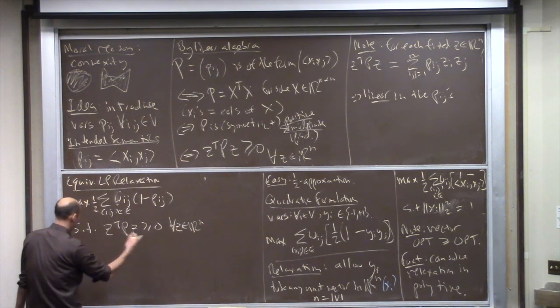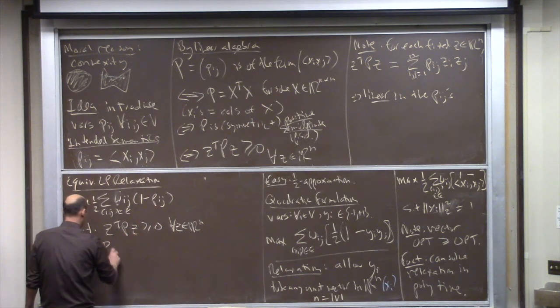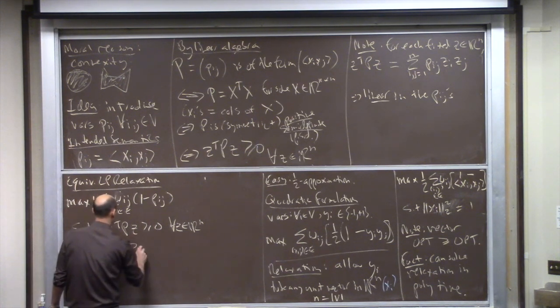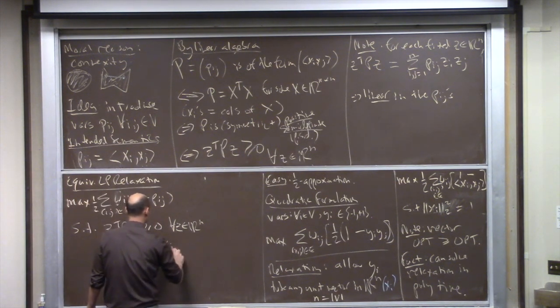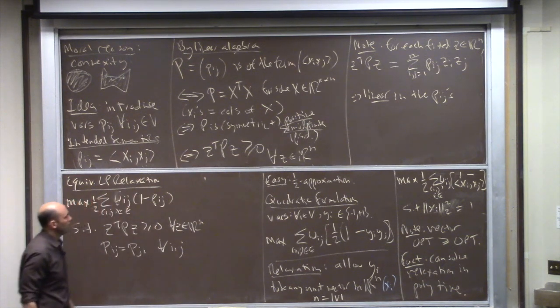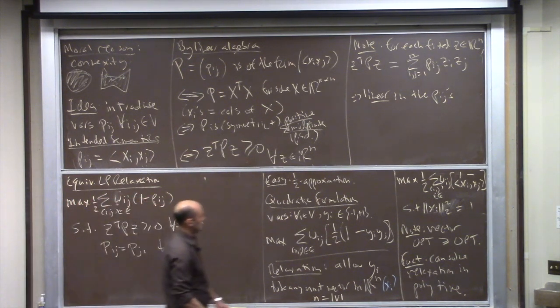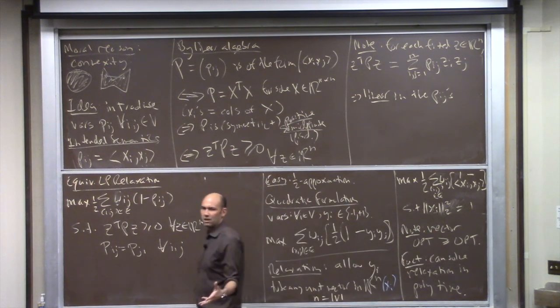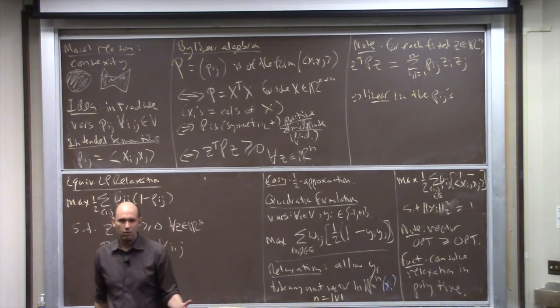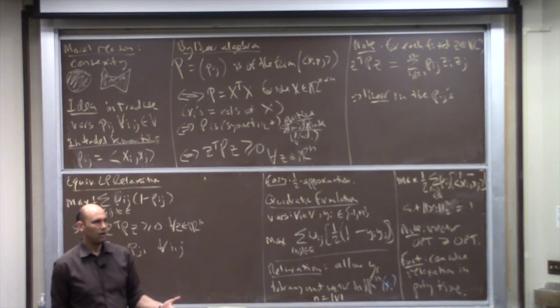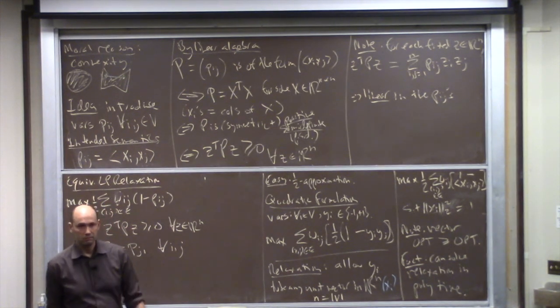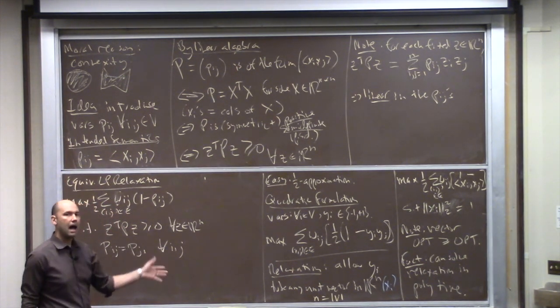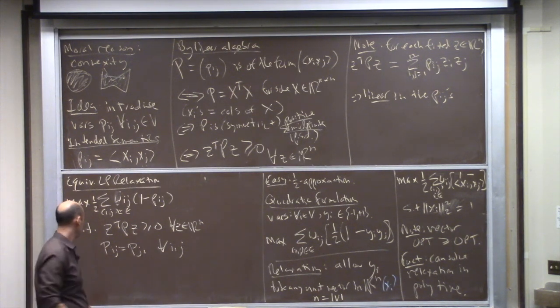All right, so in addition, let's just go ahead and enforce symmetry explicitly. And then we also had this constraint that we don't actually just want the Pij's to arise as the inner products of vectors. We want them to arise as inner products of unit vectors. But that just means we want the Pii values to be equal to 1.